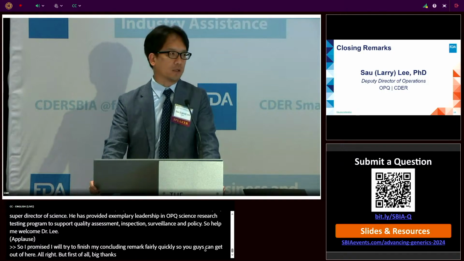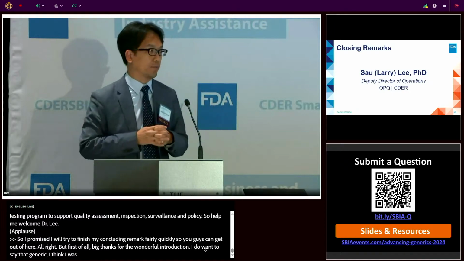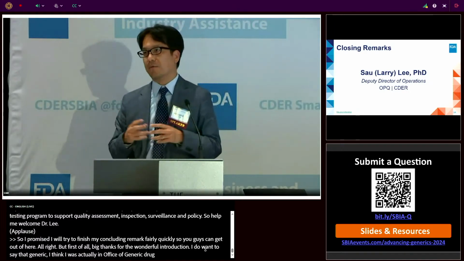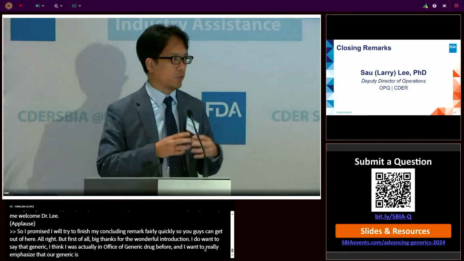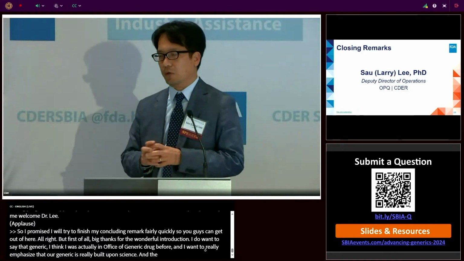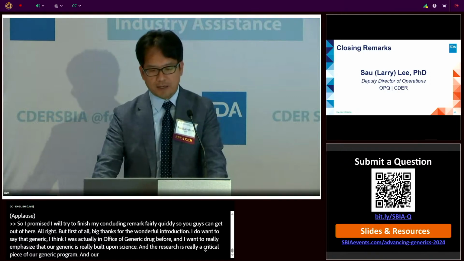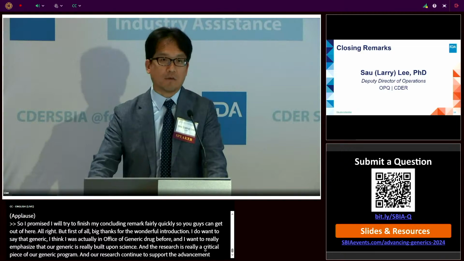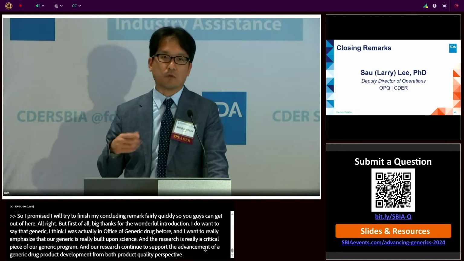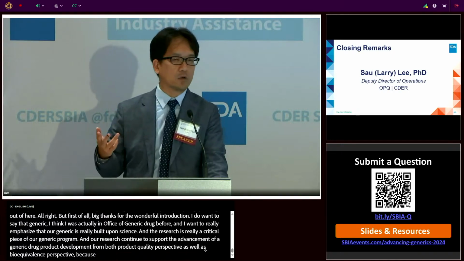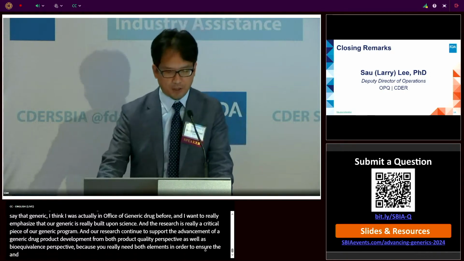I do want to say that I was actually in the Office of Generic Drugs before. And I want to really emphasize that our generic program is really built upon science. The research is a critical piece of our generic program. Our research continues to support the advancement of generic drug product development from both a product quality perspective as well as a bioequivalence perspective, because you really need both elements in order to ensure the safety and efficacy of the generic drug product.